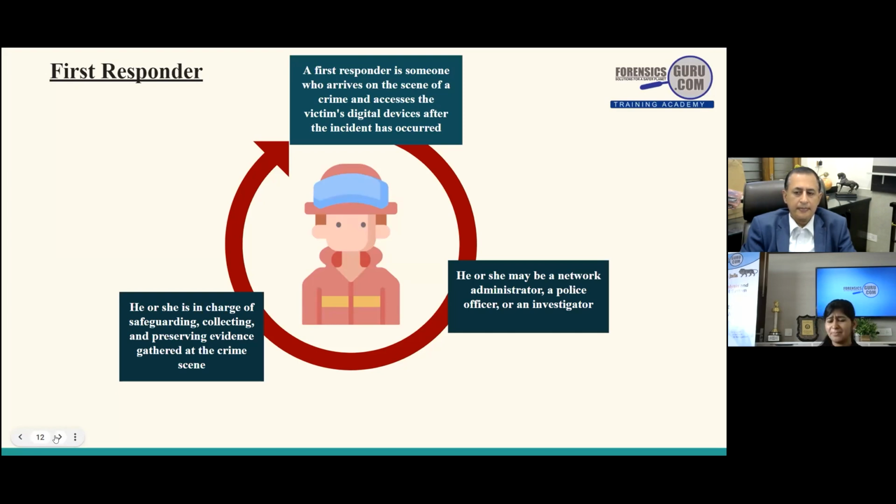Second, if I talk about police, if you're wondering what is the use of police at the crime scene, yes, the police officer who is the first responder to a crime scene can properly protect and preserve the crime scene. How? By isolating unnecessary people from the incident area.